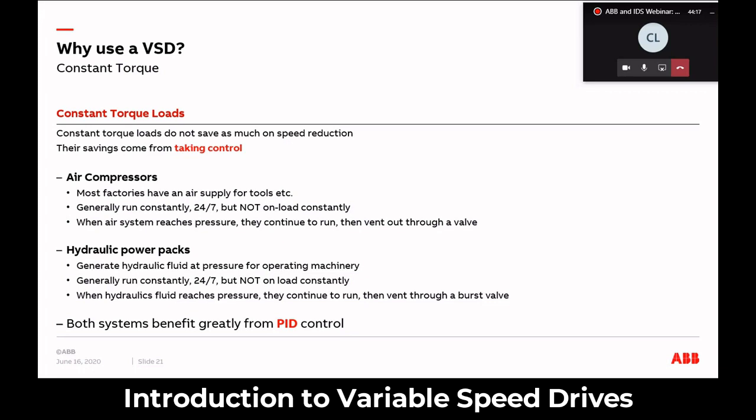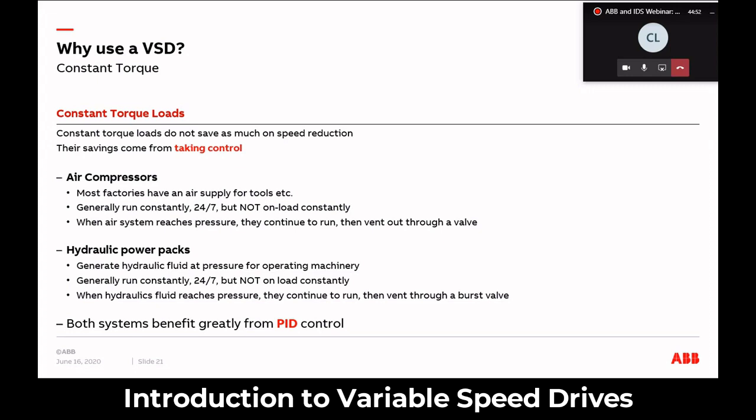If we look at air compressors, most factories have these to supply air for tools, etc. A lot of the time these are run 24/7, but they're not always on load constantly. Depending on shift patterns or the amount of work done during the day, they're always going to be running, but you're not going to be on load all the time.